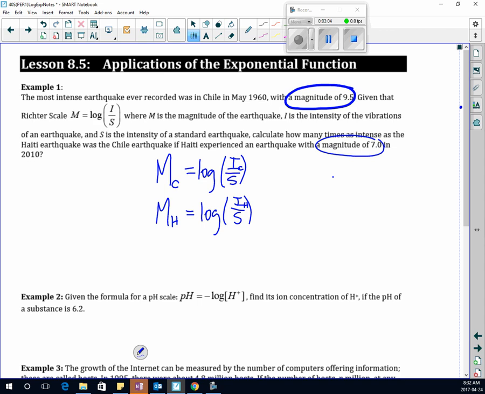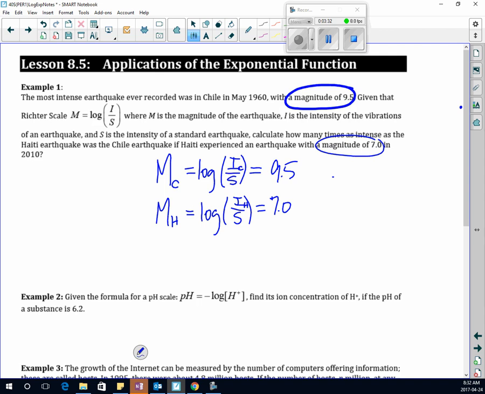The first thing is we can't actually do much the way it is written in logs. So the first thing you have to remember when you have this question is you've got to change it into exponential. So what's the base here? Yes, 10. Sorry, before I go on, we do know the 9.5 and the 7, so let's put that in.